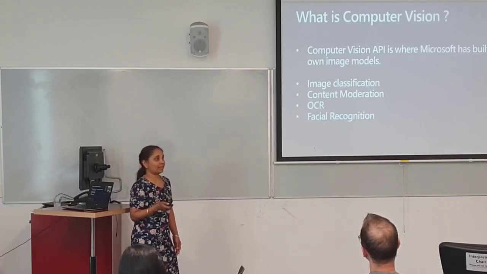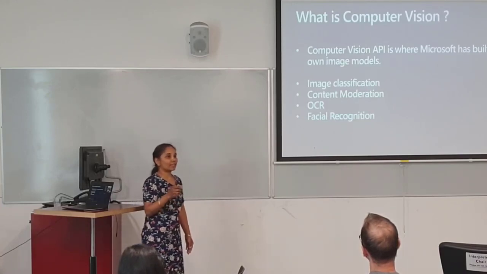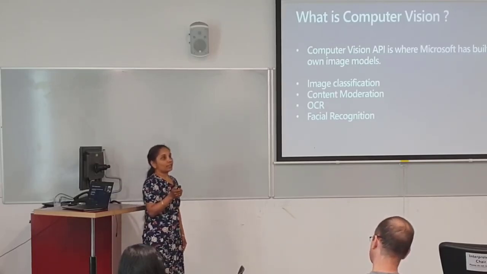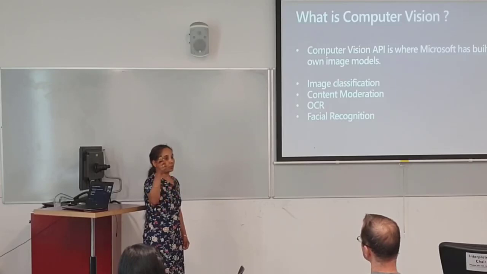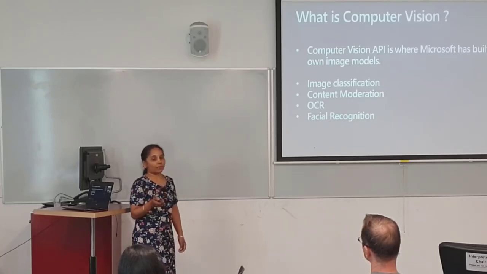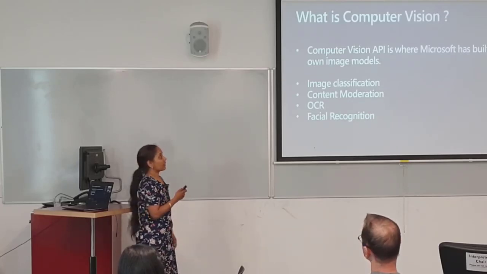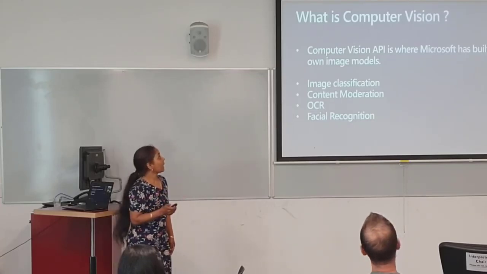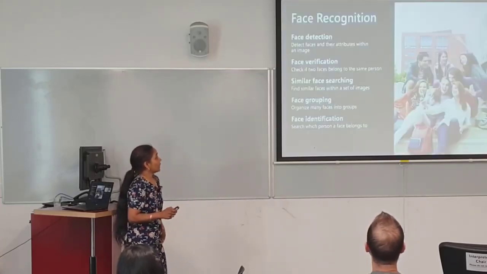Yeah, inappropriate content. Sometimes you see adult only content, which should be restricted for kids. That kind of stuff is called content moderation. So all these kinds of stuff are provided by the computer vision API. Okay, let's move on to the next one.